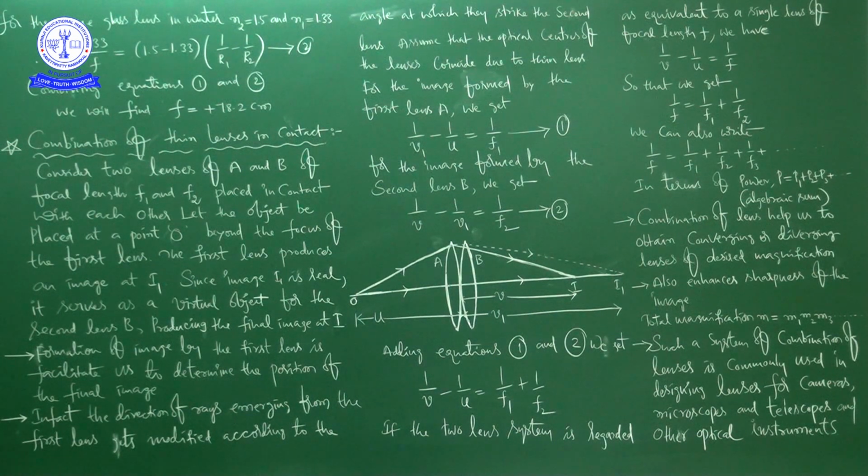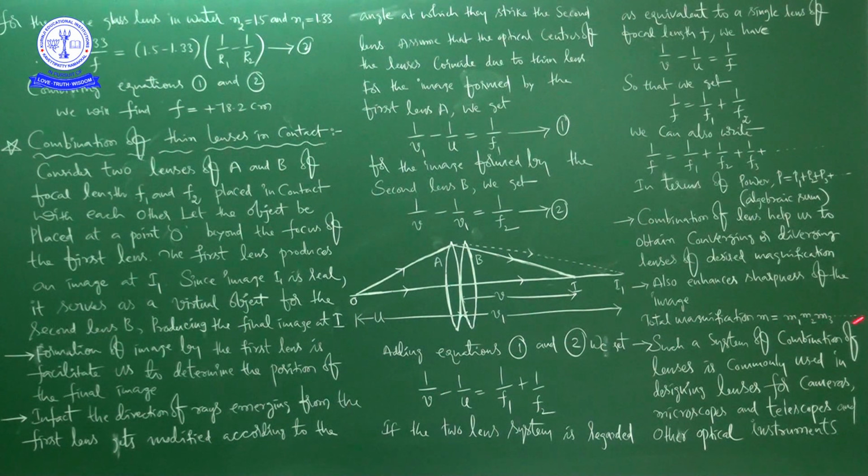That is the main important thing. Combination of lenses helps us to obtain converging or diverging lenses of desired magnification.